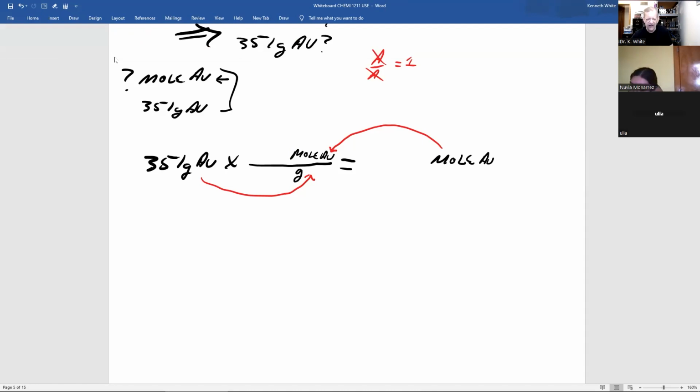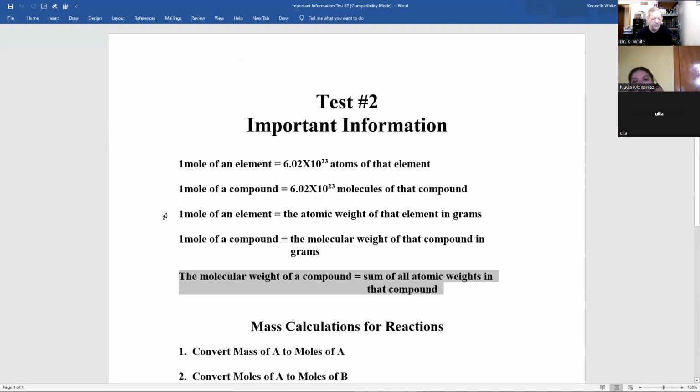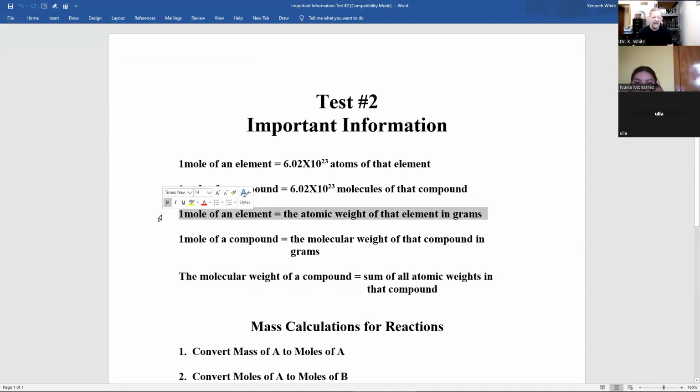Remember, G is grams. And where do I get a relationship between moles of an element and grams of an element? Well, in case you forgot, 1 mole of an element equals the atomic weight of that element.